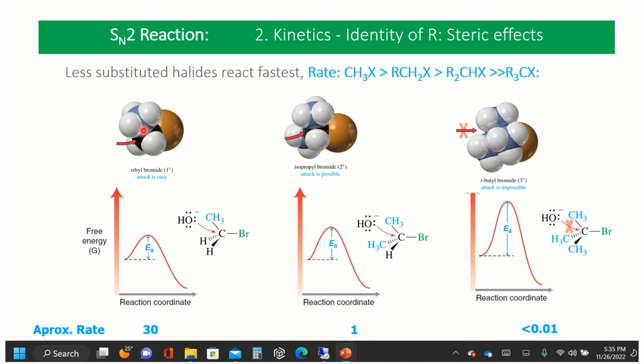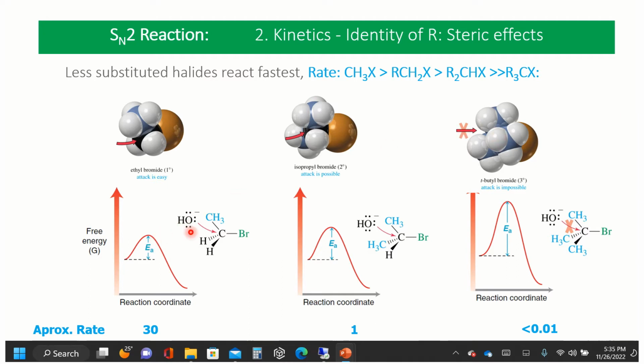a primary alkyl halide versus a tertiary alkyl halide, you can see that in the primary alkyl halide, there is a lot more access of the nucleophile to the carbon center versus a tertiary alkyl halide where there is very little access.